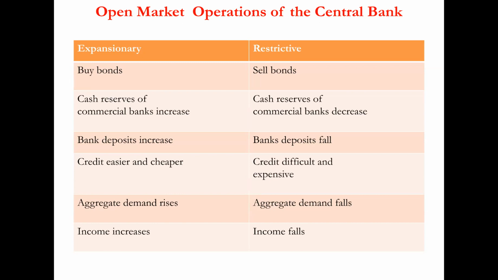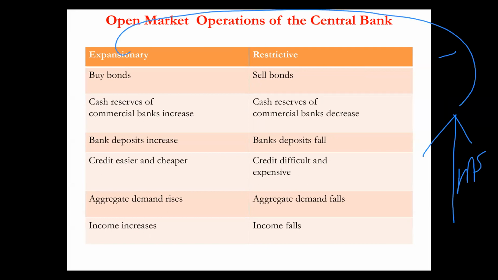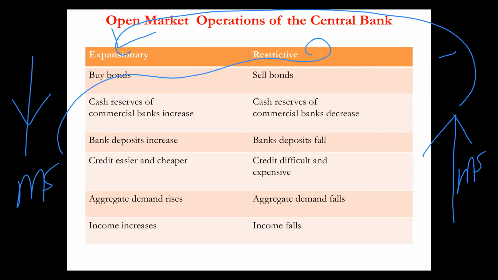So under the expansionary monetary policy, if they want to expand, which means they want to supply more money, expansionary monetary policy simply means increasing money supply, okay? Increasing money supply is the expansionary monetary policy. And reducing money supply is what is known as the restrictive monetary policy.